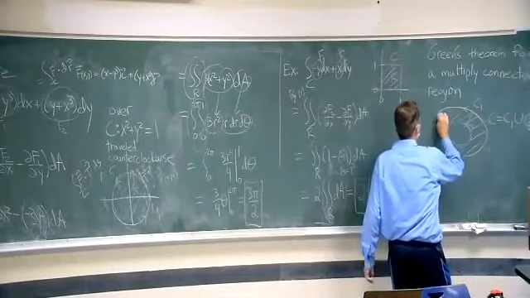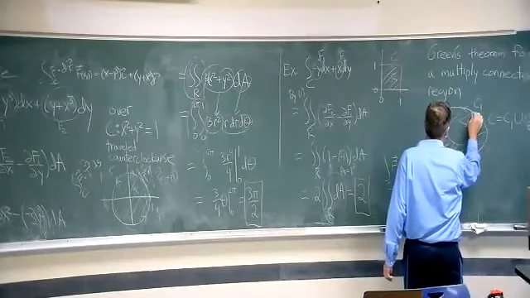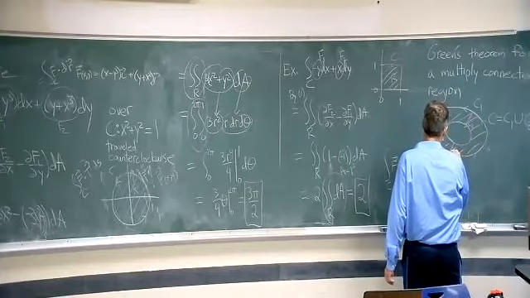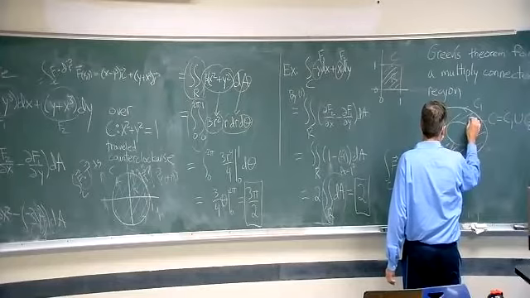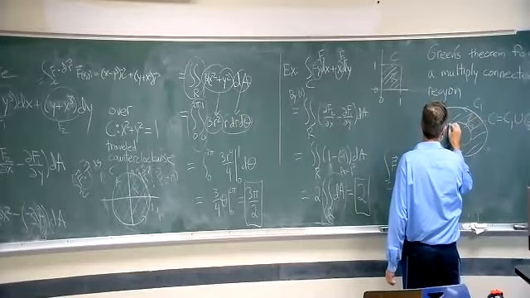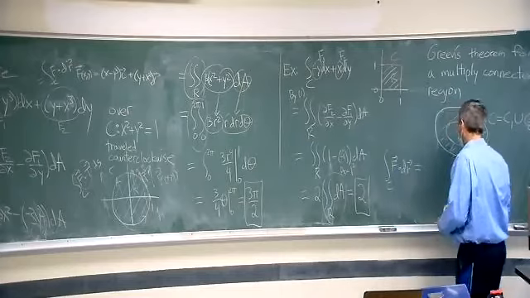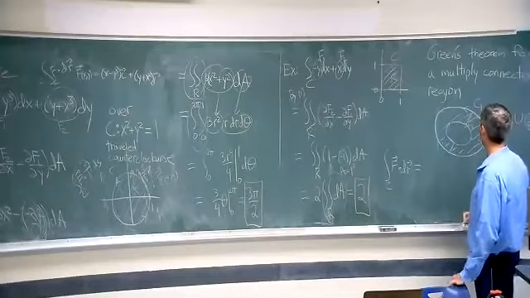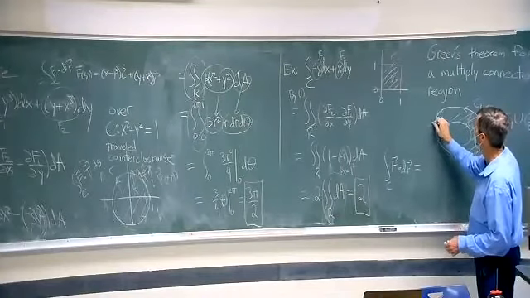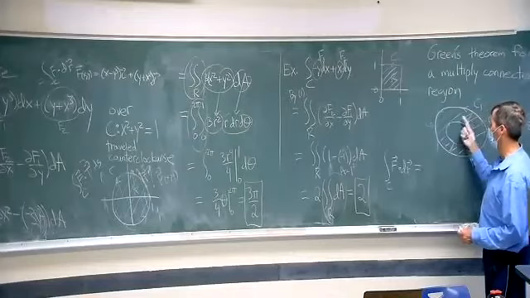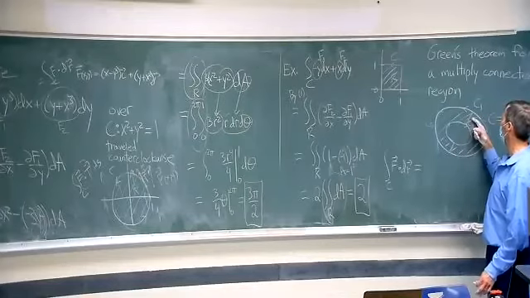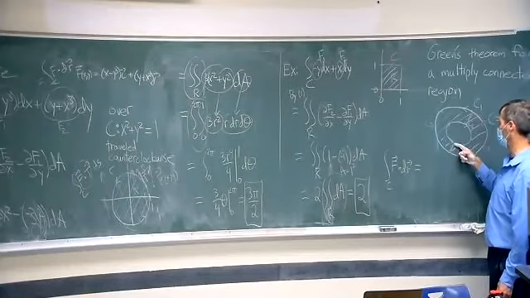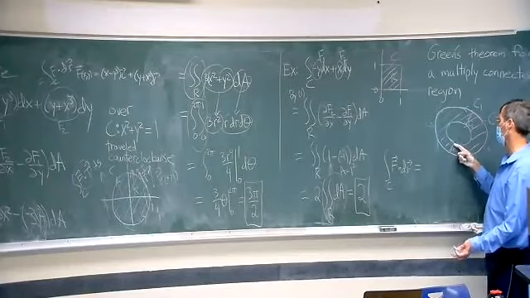There's a blue path, CB. Suppose we travel that one counterclockwise too. Green's theorem applies to each of these two regions. We can say that this line integral around the union of these two curves, because going this way with the red and this way with the blue cancels, and going this way with the blue and the opposite way with the red cancels, remember they're minus each other.